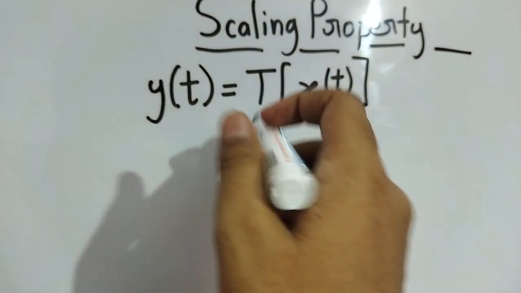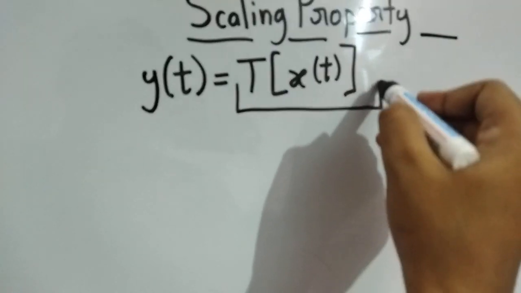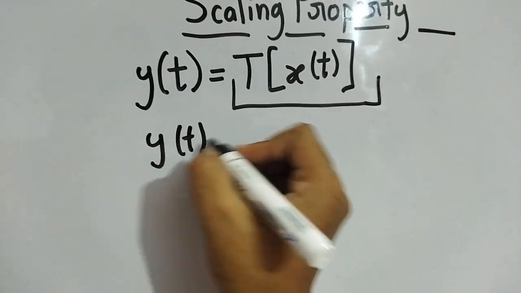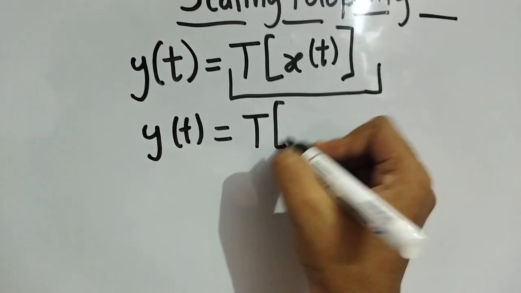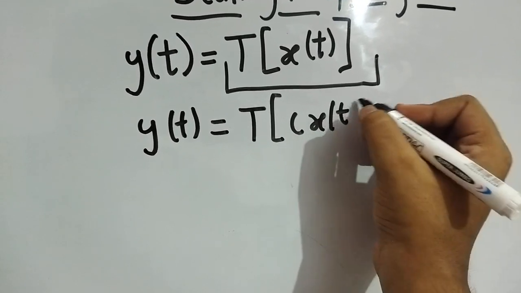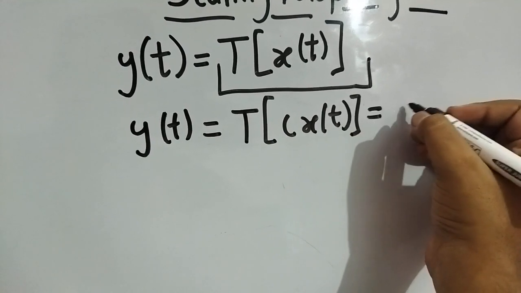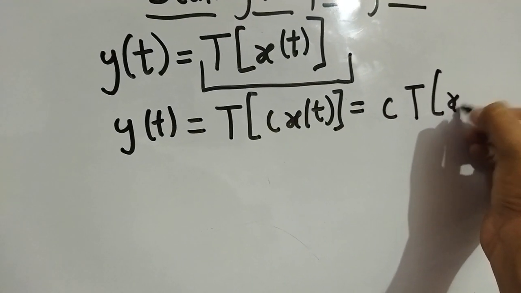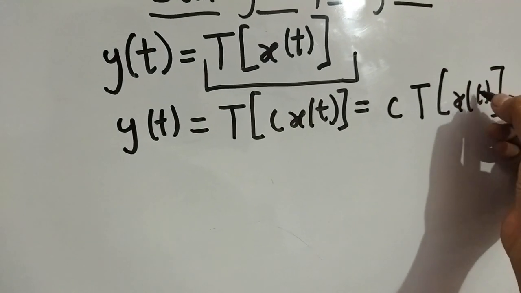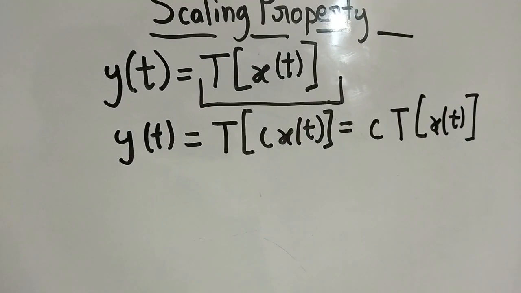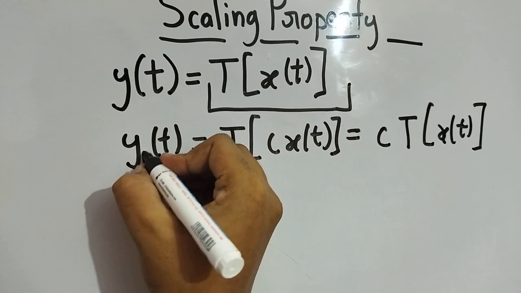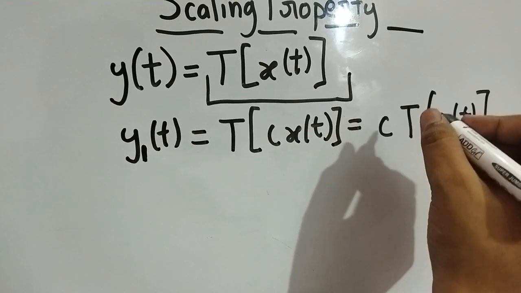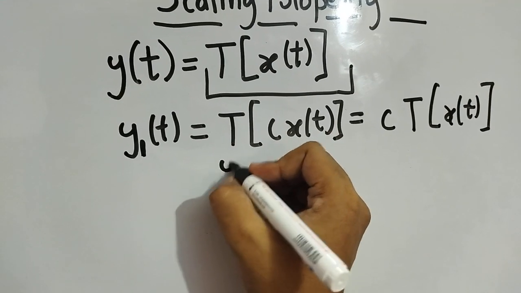Here we will multiply x of t with c, where c is any constant. Then it becomes t into c x of t. We can also write it as c into t x of t, and this will be termed y1. So y1 is equal to c into t x of t.